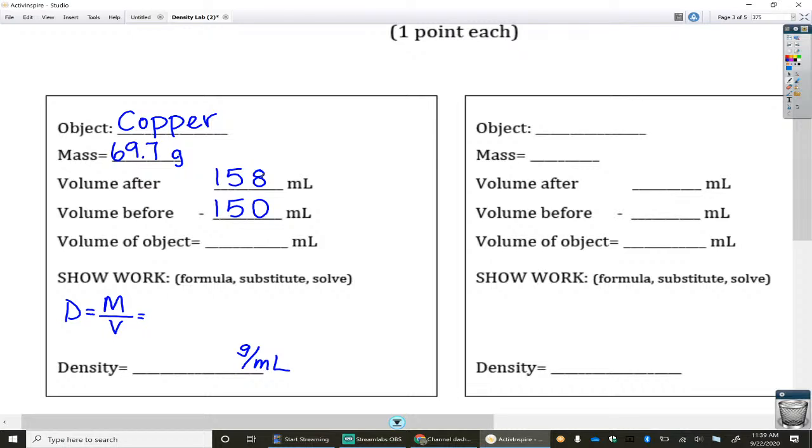So what is the volume of my object? Yeah, 8 milliliters. Good. And so now when you want to get your density, you use your mass and your volume of object. So 69.7 grams divided by 8 milliliters. Okay, so go ahead and take a minute right now and do that calculation while I get set up for the next one.